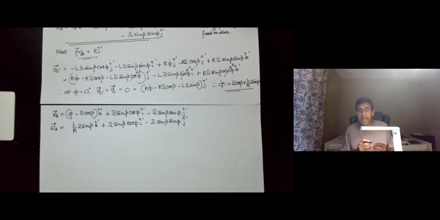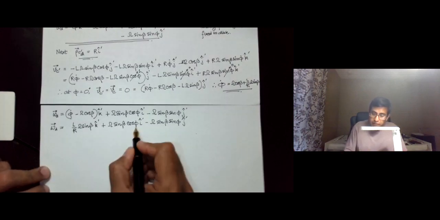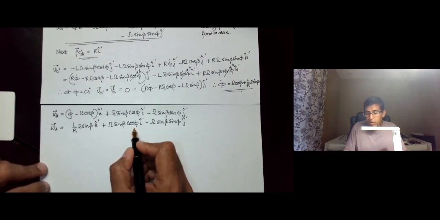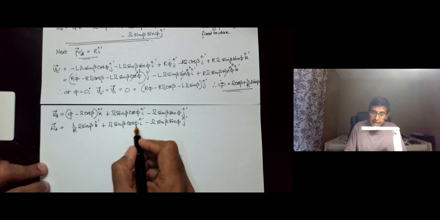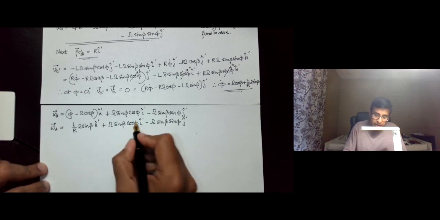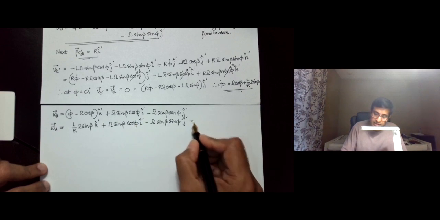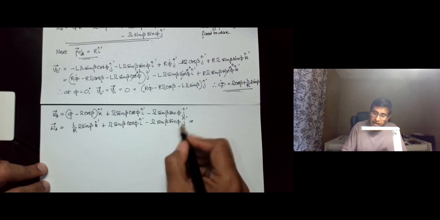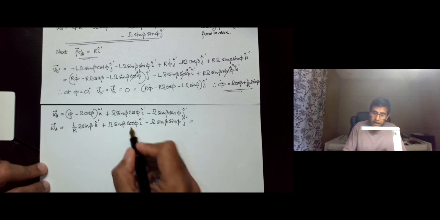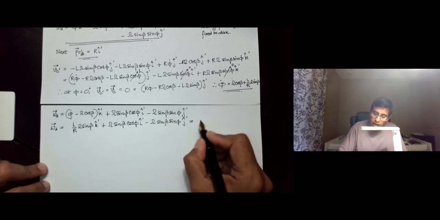So you can see that the angular velocity of the disk, the net angular velocity of the disk, is not constant. It's a function of phi. However, if we are interested to find out what the angular velocity is at phi equals 0, we can set phi equals 0 here, where sine phi will drop out and cosine phi is going to be equal to 1.